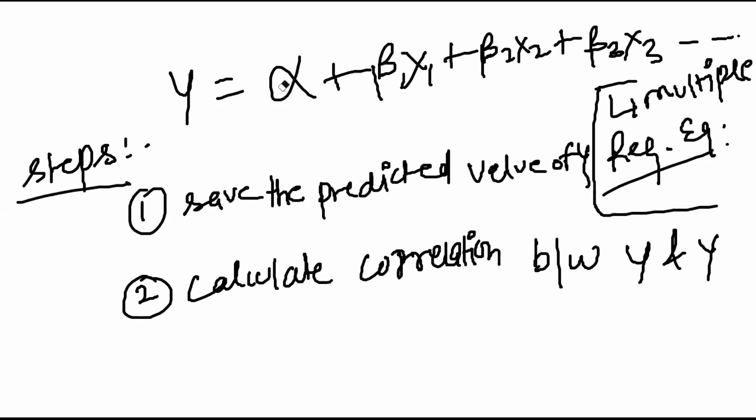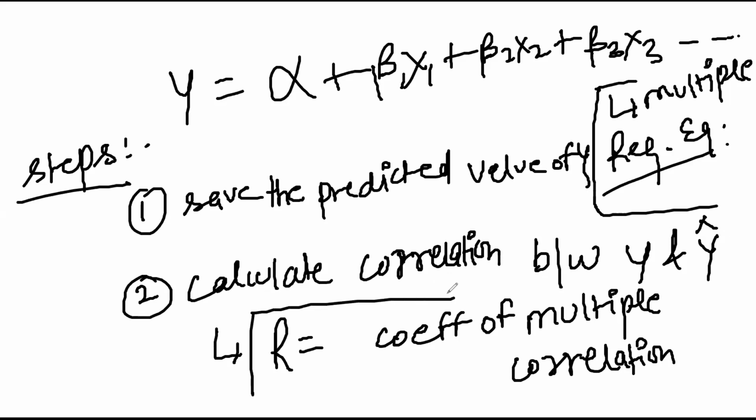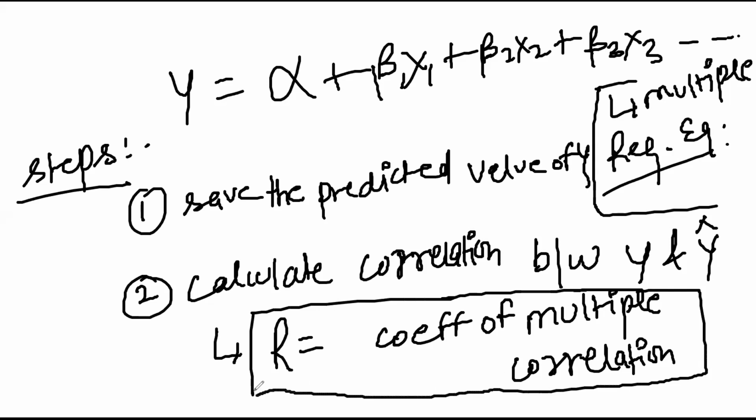The value which you will get is your capital R, and this is the coefficient of multiple correlation, because here I am calculating the multiple correlation.